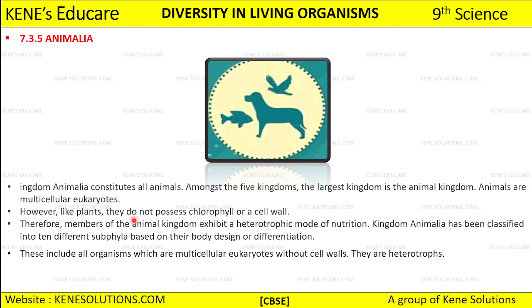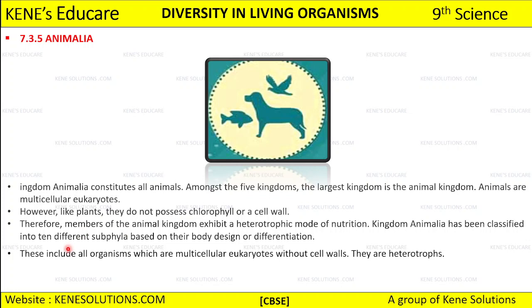Therefore, all the members of the animal kingdom exhibit a heterotrophic mode of nutrition. Why? Because they are dependent on others for their food. Okay, so kingdom Animalia has been classified into how many subphyla?